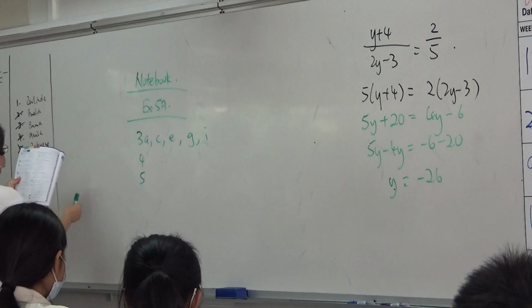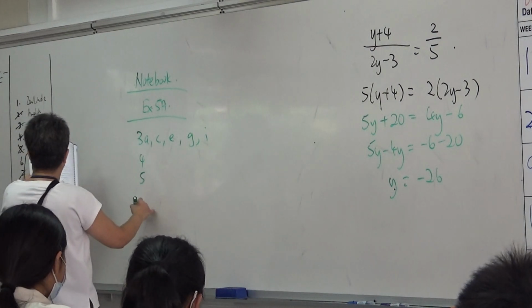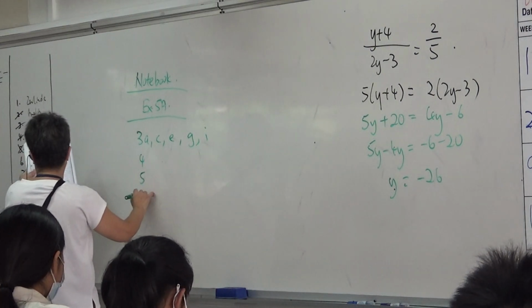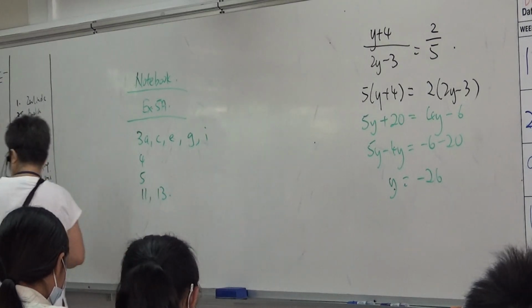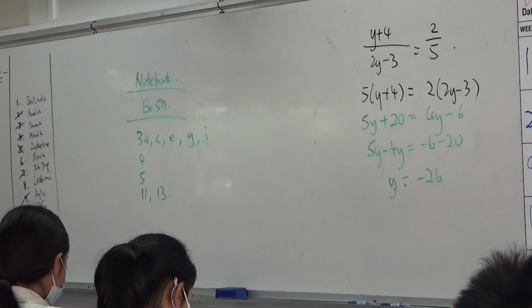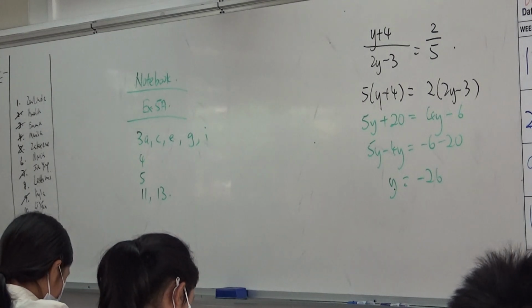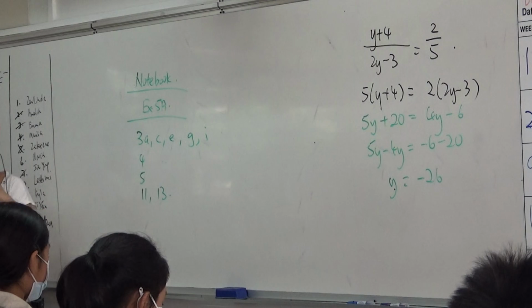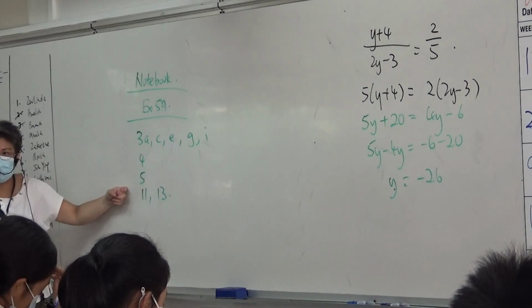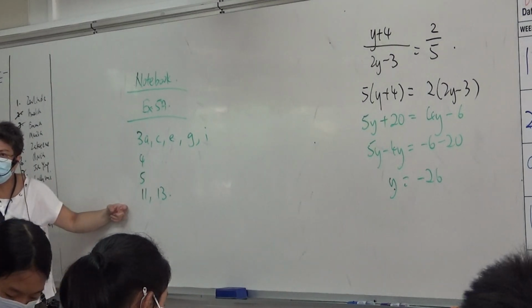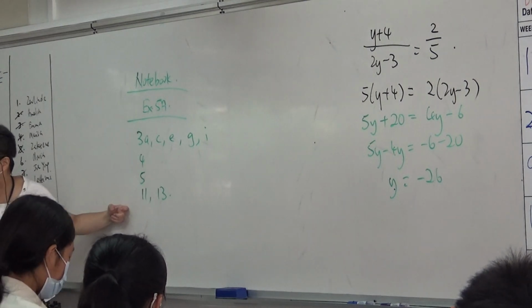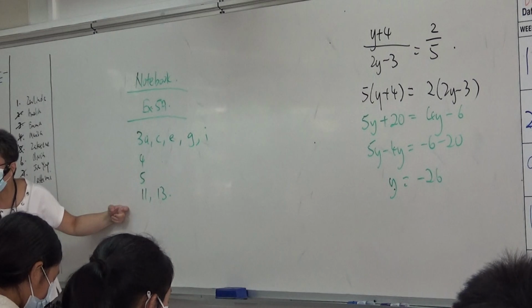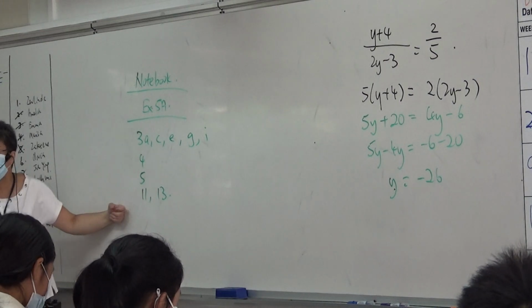And I want you to think about question 11 and question 13. I repeat, all these to be done, 11 and 13, you just look. If you cannot, no need to try. Understand? Yes or no? Yes? Okay, you do it now.